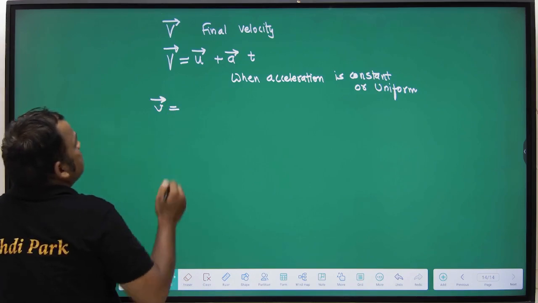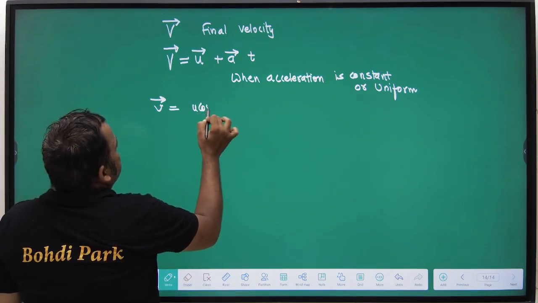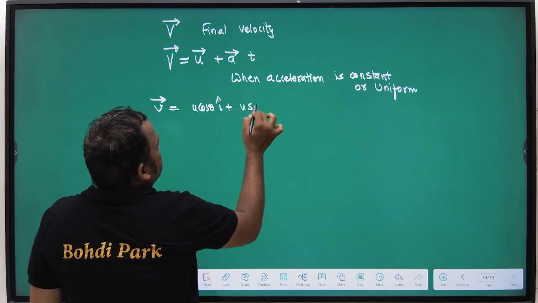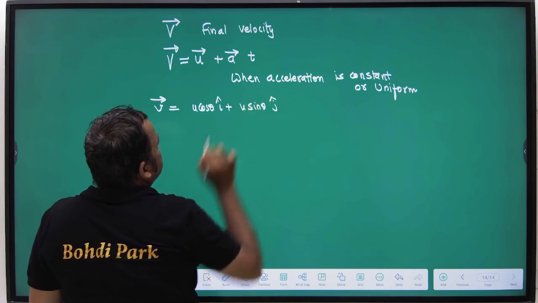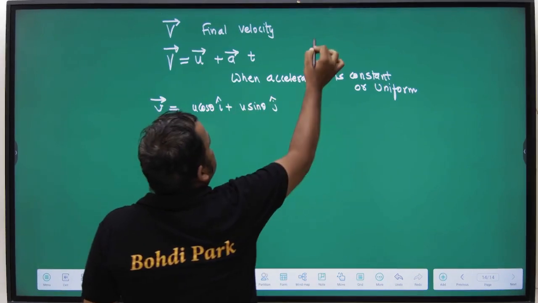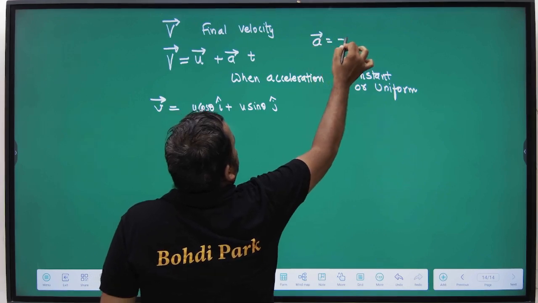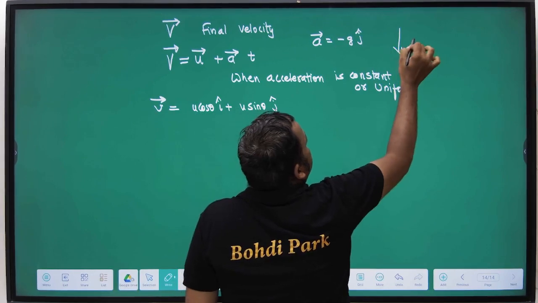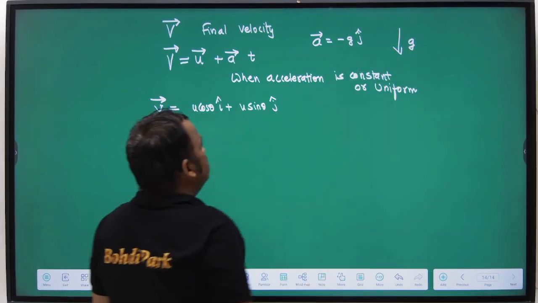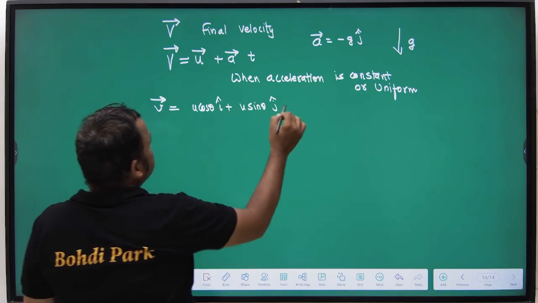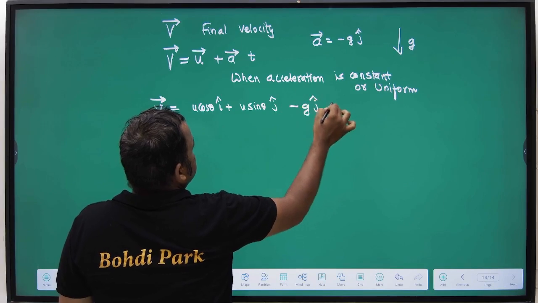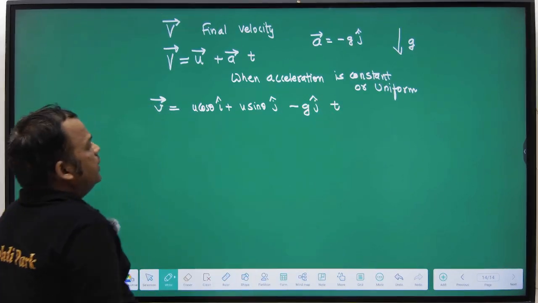So v vector is equal to u vector, which is u cos theta i cap plus u sin theta into j cap, and acceleration vector is equal to minus g j cap, because the direction of acceleration is downward, into t.